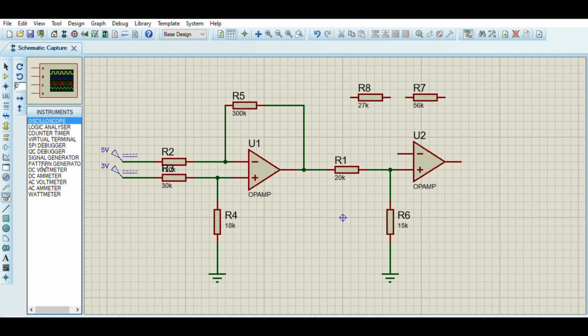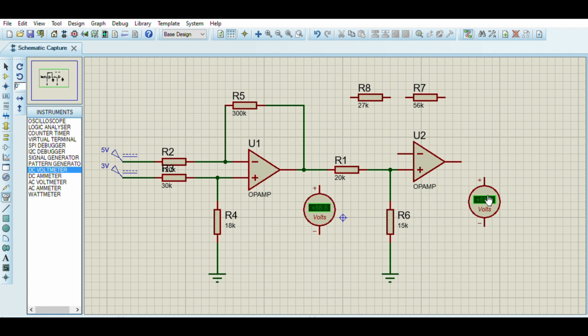The DC voltmeter is used to find the value of the output voltage, and the negative terminal of the DC voltmeter is connected with the ground, as before, so the positive terminal of the DC voltmeter is connected with the op-amp.